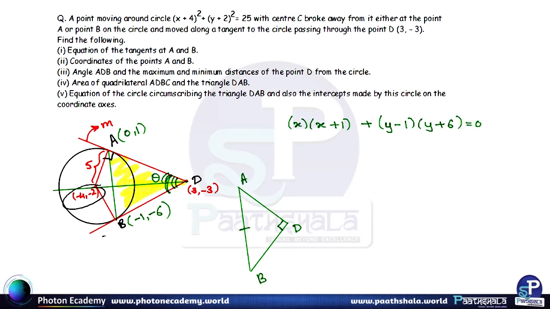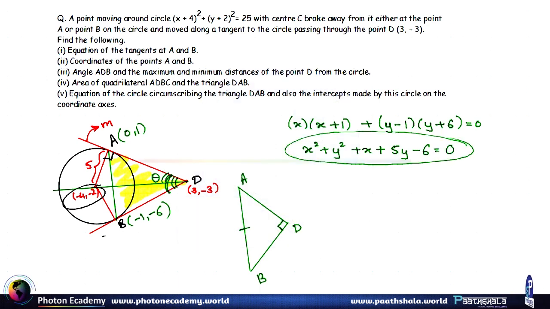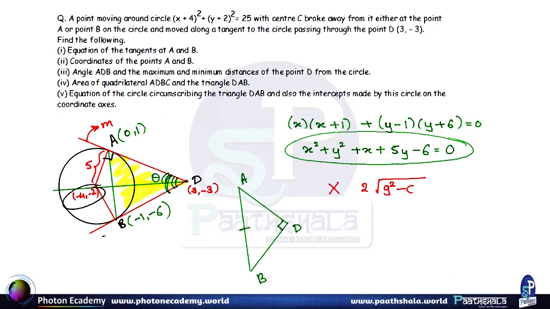So this will become x square plus y square plus x plus 5y minus 6 is equal to 0. So this is the required equation. And they have also asked the intercepts made by this circle on the coordinate axis. So we know the formula for that, right? It is 2 into under root g square minus c. This is the x-intercept and the y-intercept. Okay, first let's calculate this.